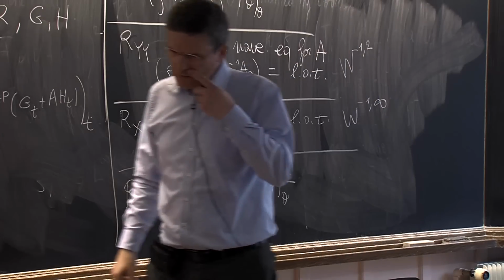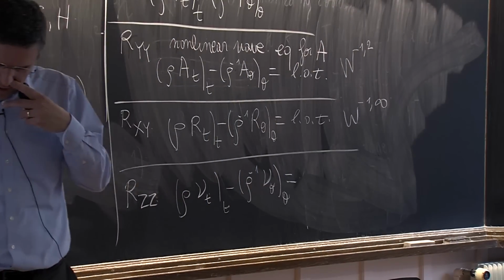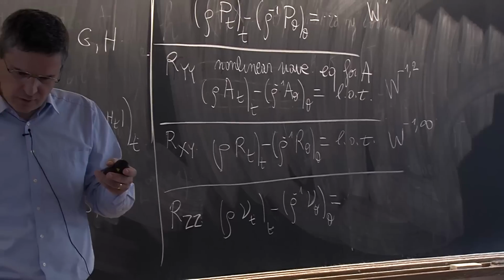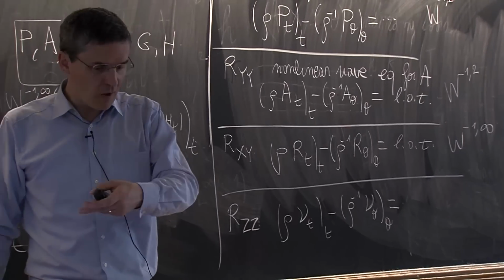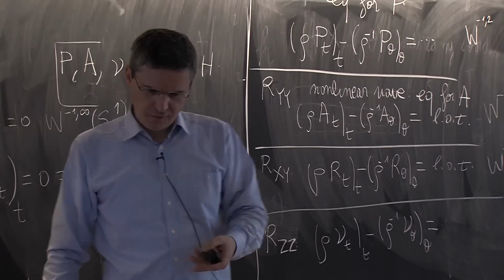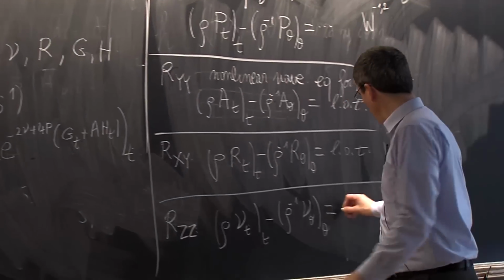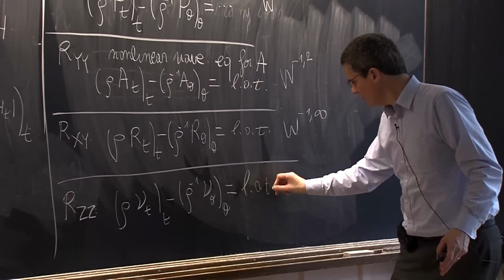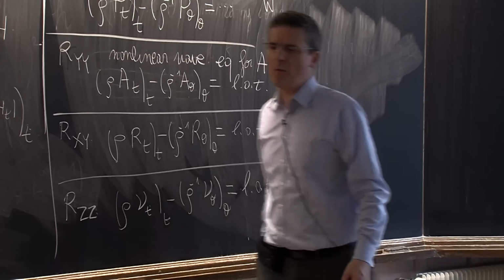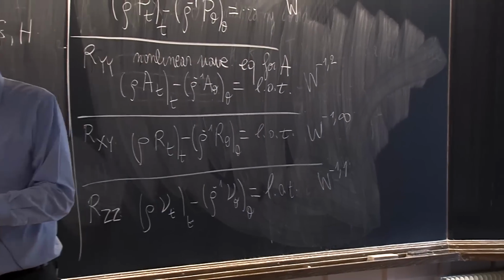If you look at the other terms, they are again quadratic products of first derivatives, plus a term that is just algebraic with no derivative. So you can think of them as being lower order. And this equation is satisfied in W^{-1,2} sense.